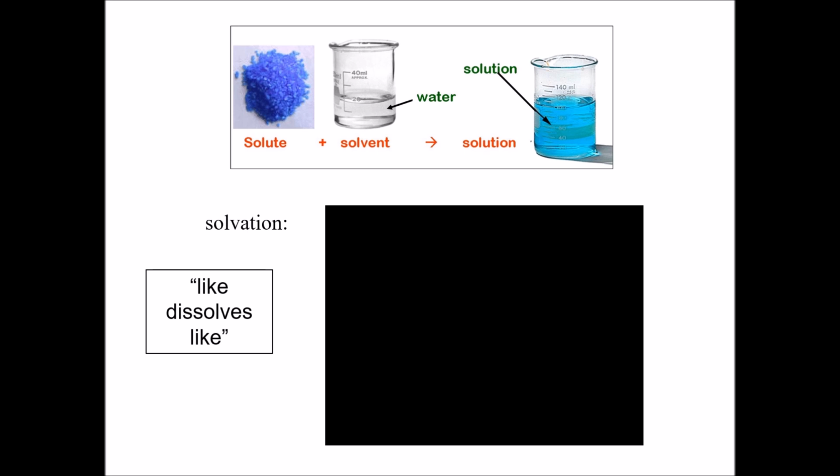So if the solvent is water, and we know that water is polar, we just talked about that, then the solute would also have to be attracted to it. So it would also have to be polar in some way. So if the solute is polar and the solvent is polar, they'll dissolve in each other. That way we say it's like dissolves like.